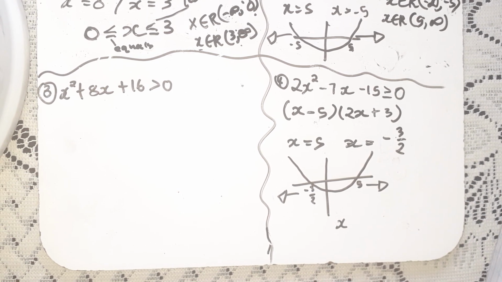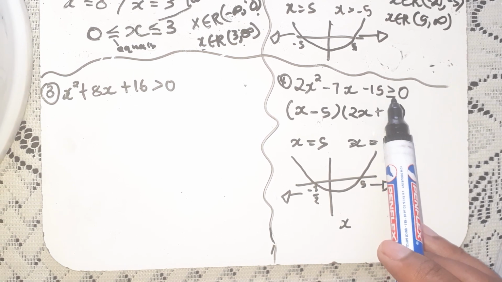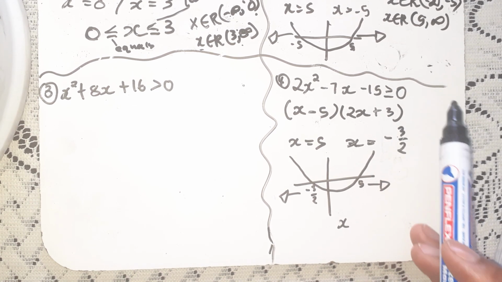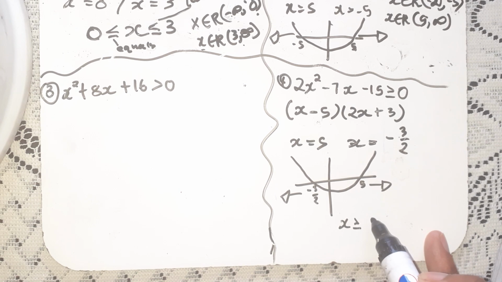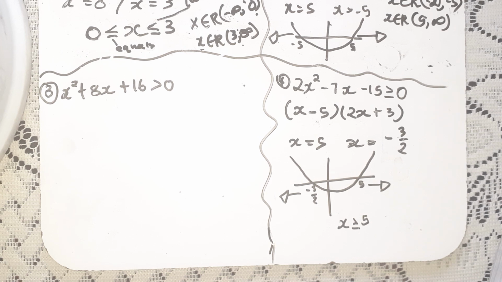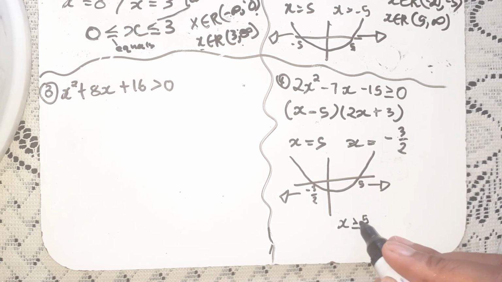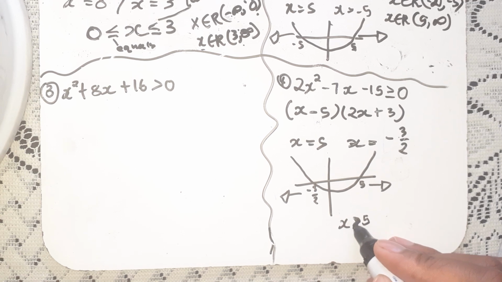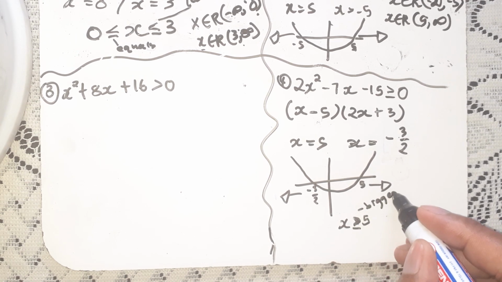So where is x greater than or equal to 0? It's when x is greater than or equal to 5. So here we are looking for x to be bigger than 0. When x is bigger than or equal to 5, here x is bigger.